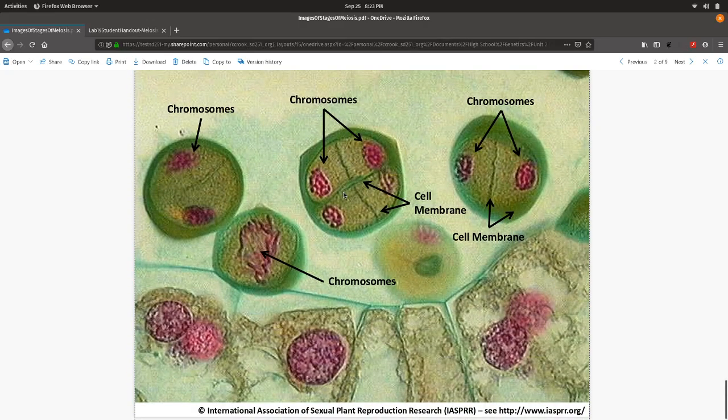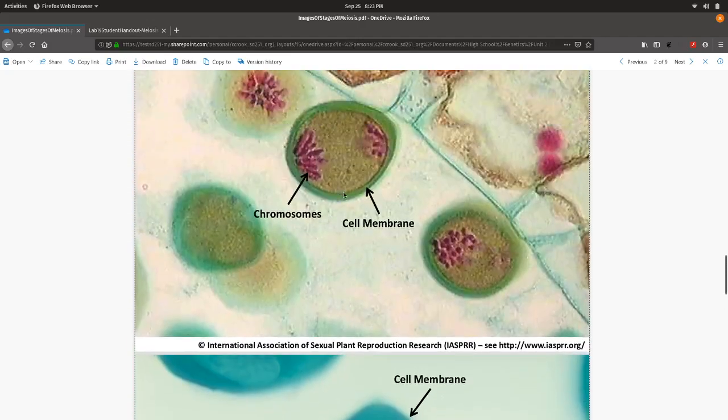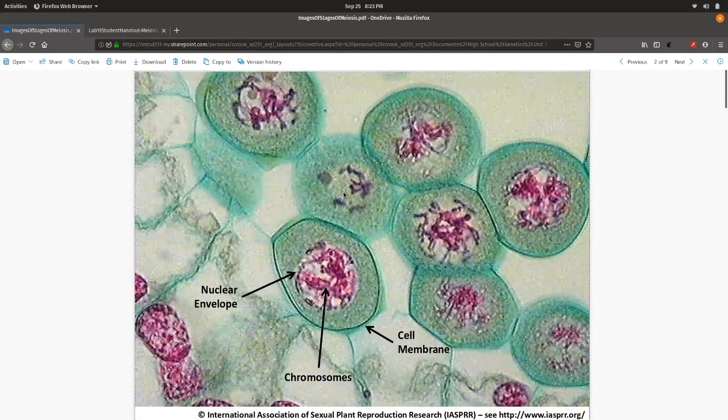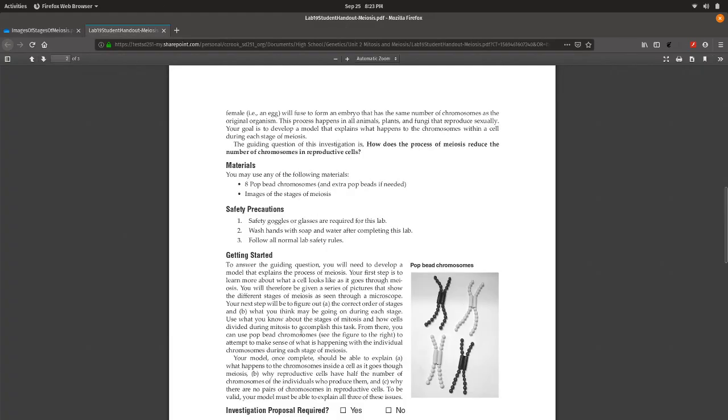So this first part is using those slides to make a model that way. What you could do is even cut these out and place them in order, maybe number the back so I know the sequence that you had them in.